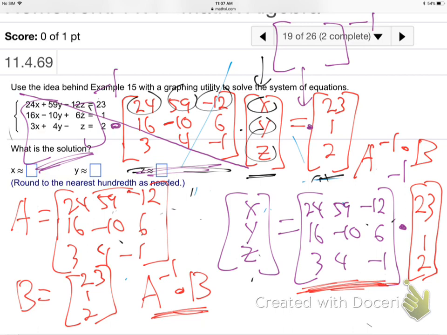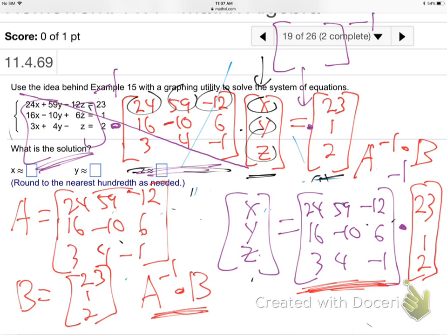So you enter matrix A, then you go second, quit, then you go back into the matrix menu, down to B, over to edit and down to B. Then you put in matrix B, which is a 3 by 1, and you quit. Then you go back into matrix mode again. You call forth matrix A, inverse times, go back into matrix a fourth time, B, enter.